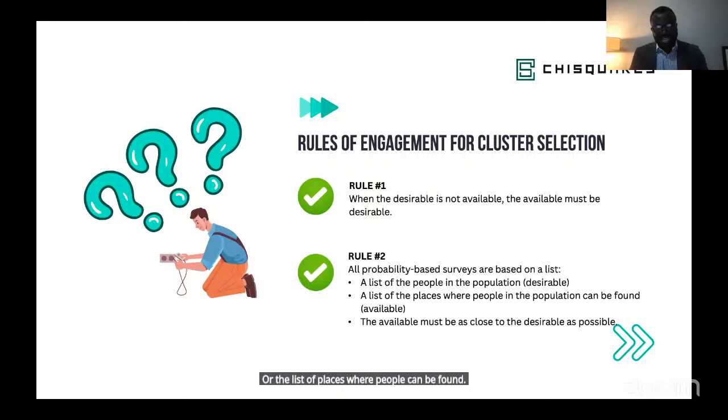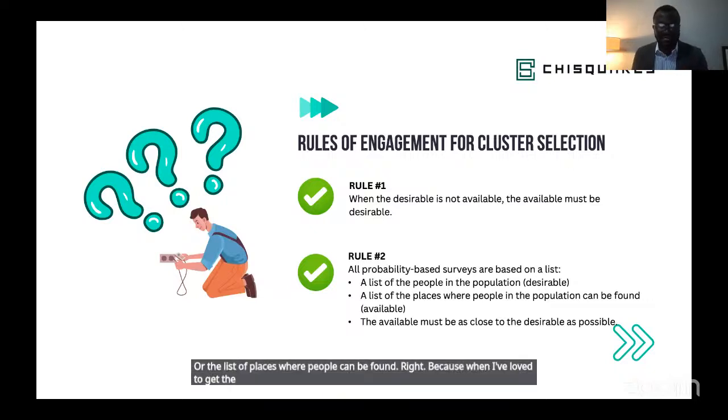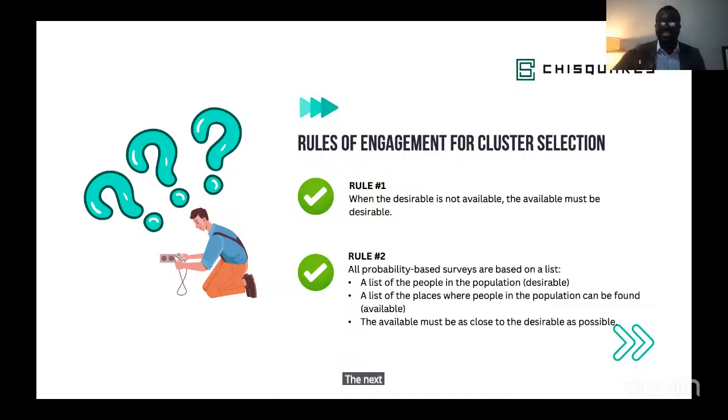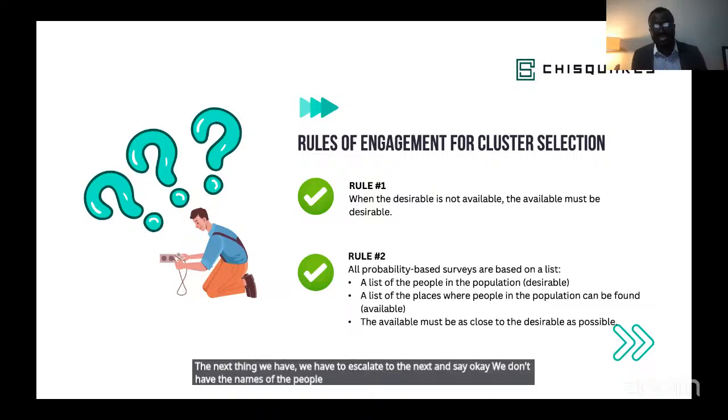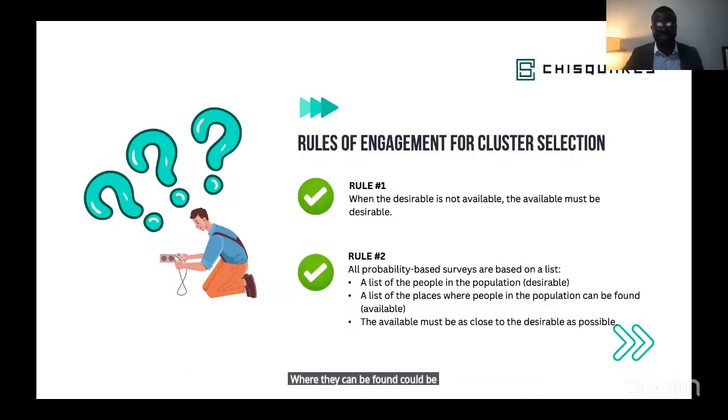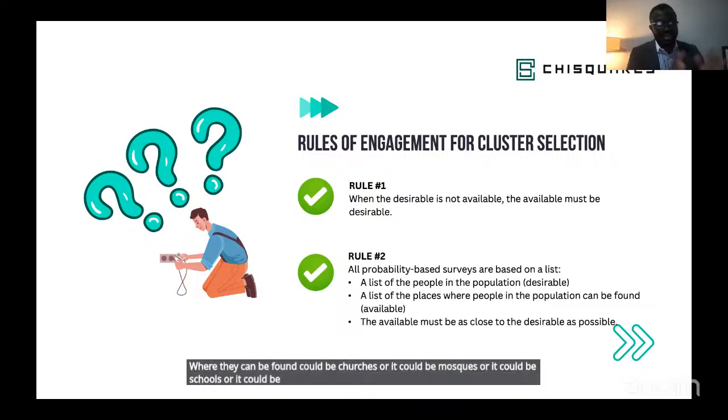Because we would have loved to get the people themselves, but since we don't have the list, we escalate to the next level and say, okay, we don't have the names of the people. Do we have a list of where they can be found? And where they can be found could be churches, or mosques, or schools, or communities, or whatever it is, right? Where groups of people are found. That is what clusters are.